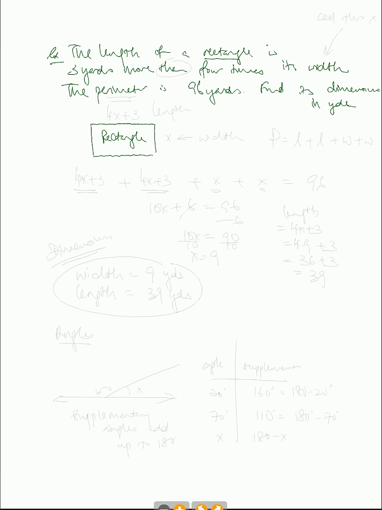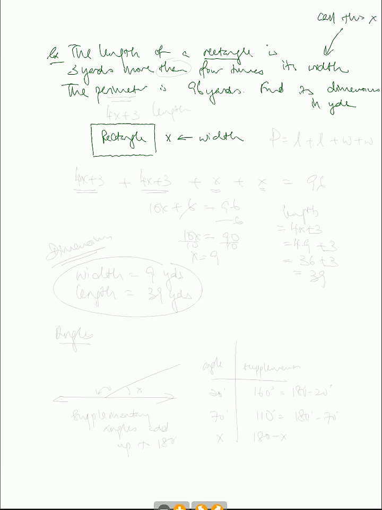Instead of calling it two variables, if you recall what I said earlier, try to restrict to only one variable. The first sentence says the length is 3 yards more than 4 times the width, so it is taken with reference to the width, and that's why we are going to call the width x.